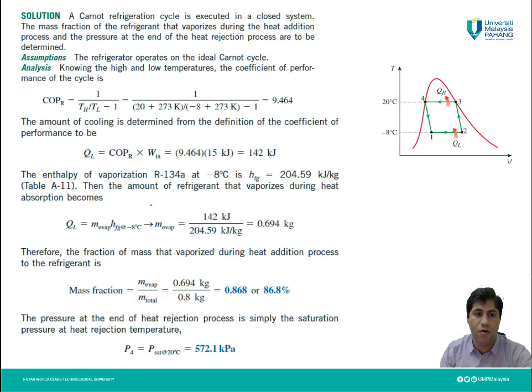So first we need to calculate this QL, the amount of energy which is absorbed, which is 142 kilojoule, and then how much energy is required for the evaporation of this refrigerant.